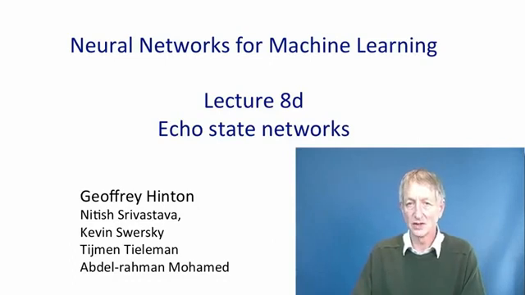In this video, I'm going to describe echo state networks. These use a clever trick to make it much easier to learn a recurrent neural network. They initialize the connections in the recurrent neural network in such a way that it has a big reservoir of coupled oscillators.